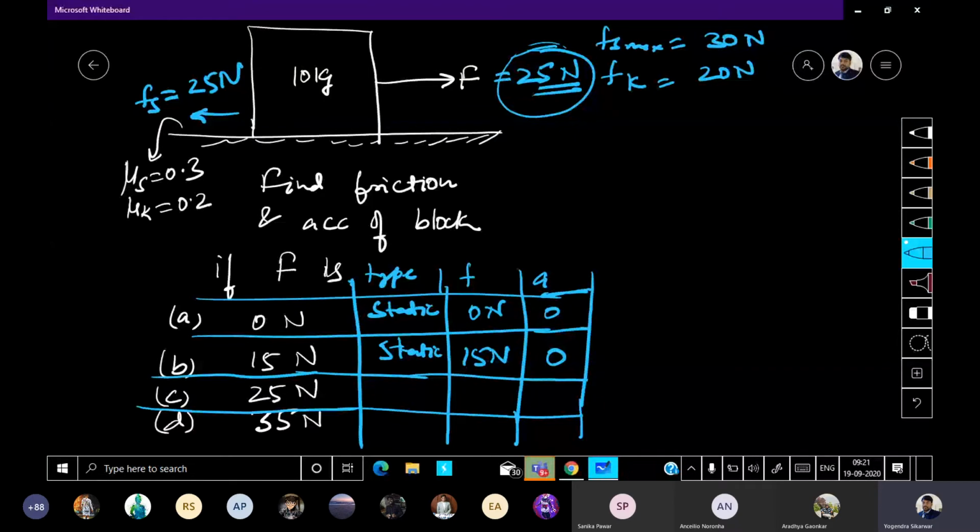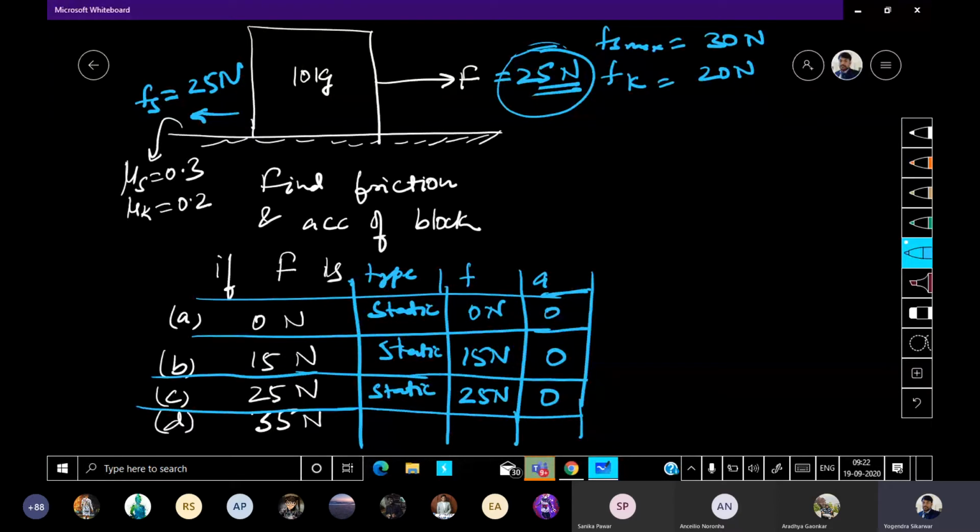So static friction will spend 25 Newton from its pocket to ensure that the block is stationary. So even in the case of 25 Newton, friction will be static, the value will be 25 Newton, and acceleration will still be 0.